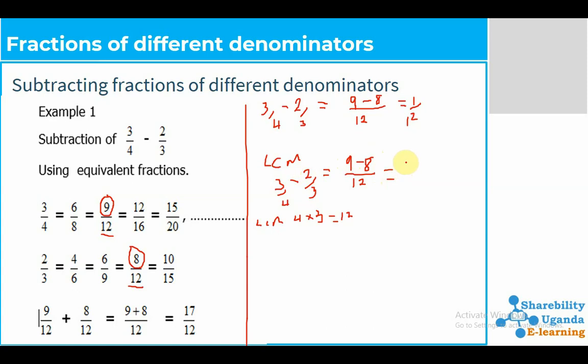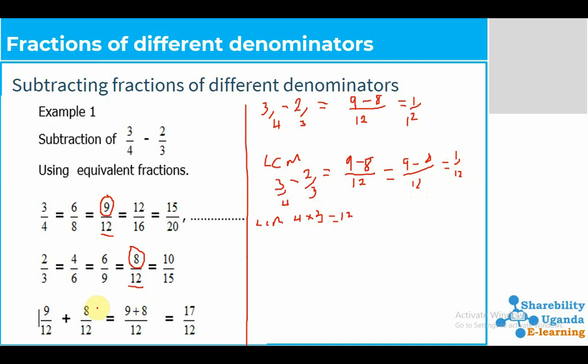Here we just subtract and get our answer, which is 9 minus 8 out of 12. After subtraction, we get 1 out of 12.